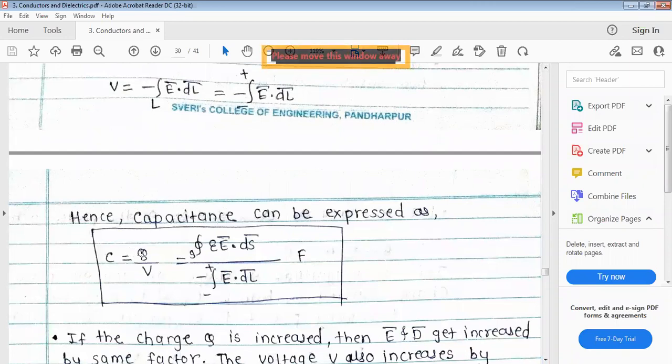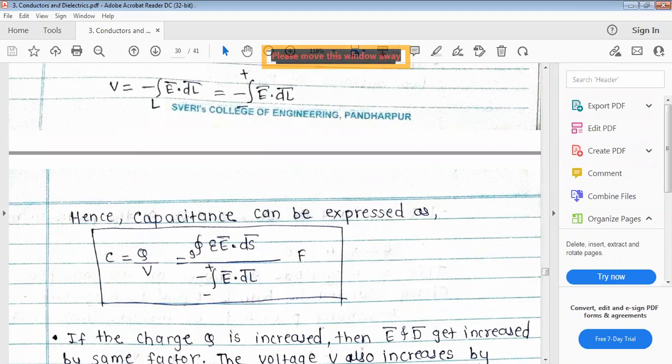C is equal to Q upon V. Now Q from the Gauss law: Q is equal to closed surface integral of D bar dot dS bar, and D bar is equal to epsilon E bar, so Q is closed surface integral of epsilon E bar dot dS bar. And V is equal to minus integration from minus to plus of E bar dot dl bar, and C is in farad. So this is the general equation for the capacitance.